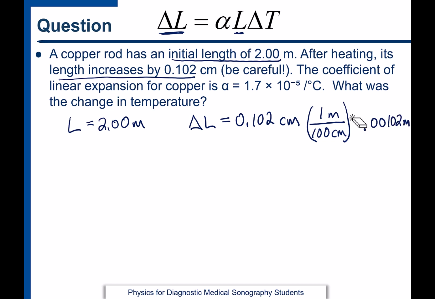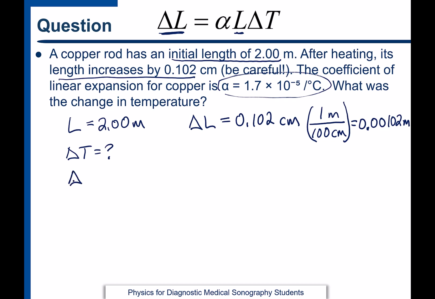And if you want to put the 0 in front of the decimal, you can. So I'll write it as 0.00102 meters. Okay, once we've got delta L, now let's see what else we have. We can see that what we're looking for is delta T, and we've been given alpha. So now we've identified what we know and what we don't know.